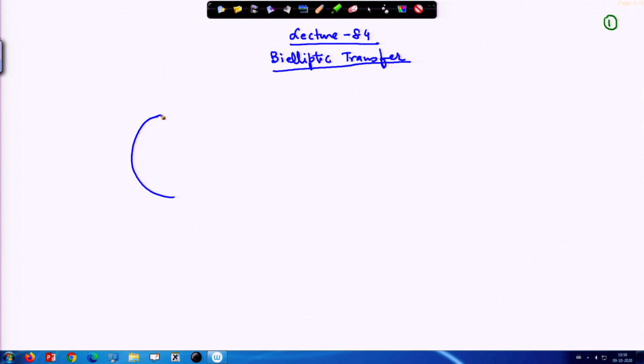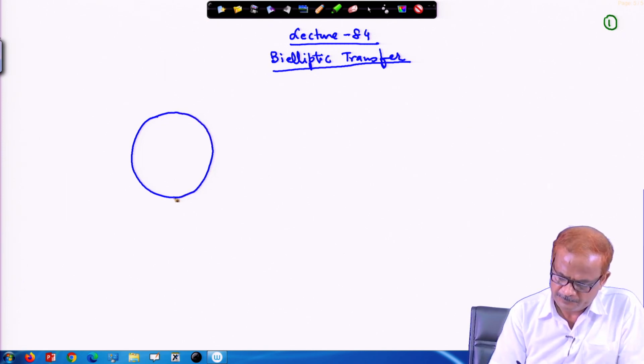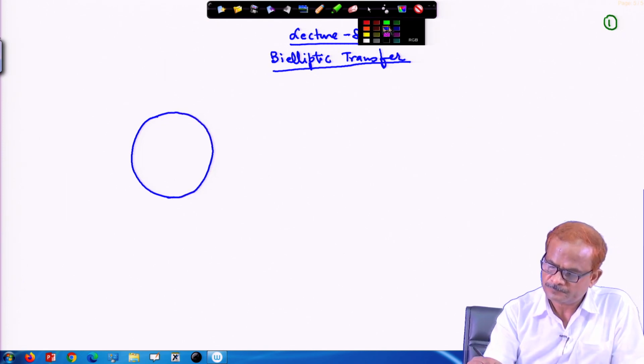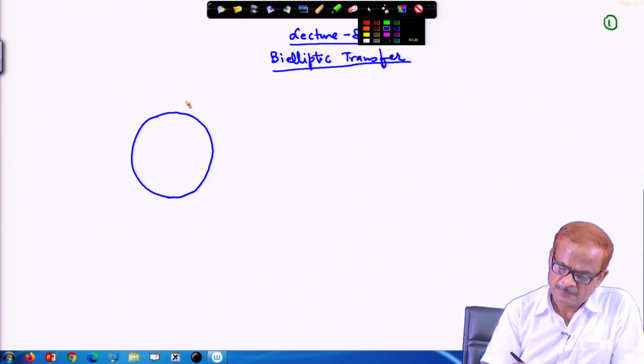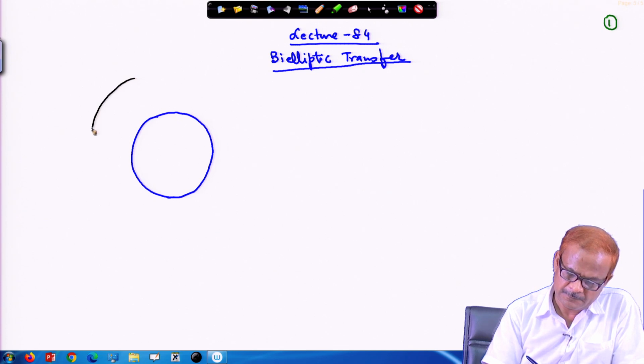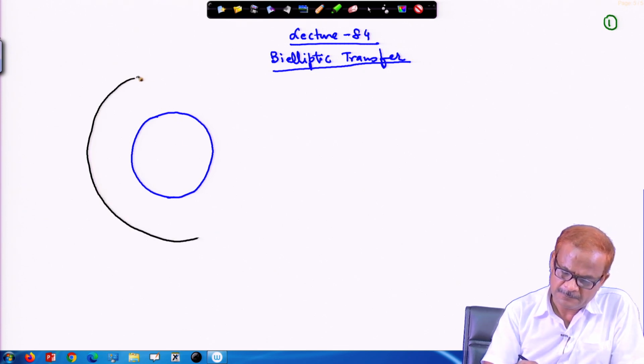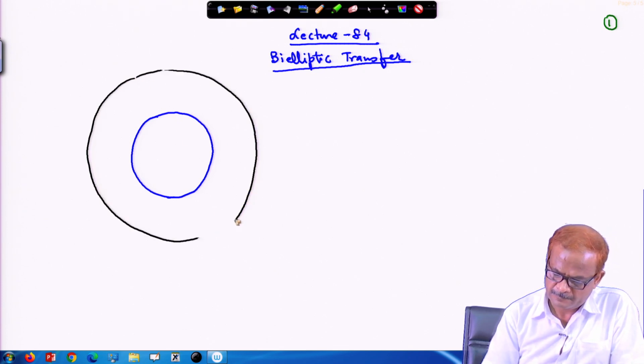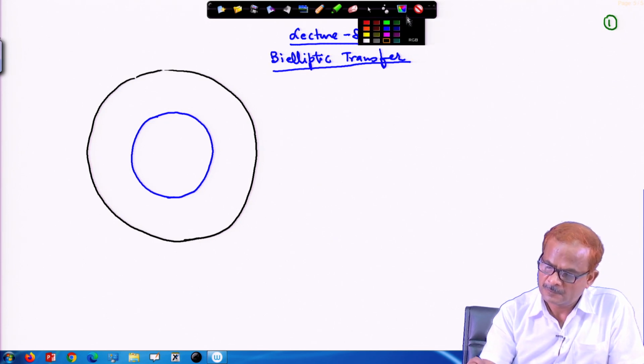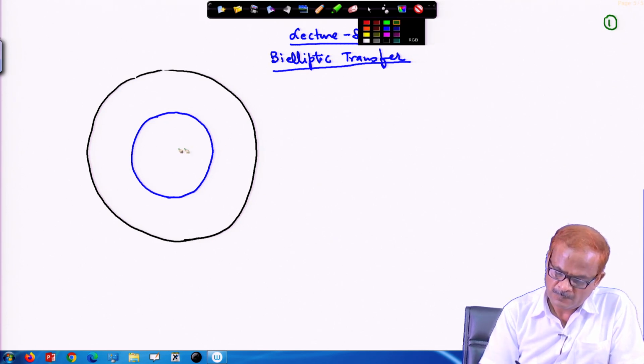So, we have one initial orbit here, and this is the final orbit. Initially, the satellite is located at A, and this is the center of attraction.